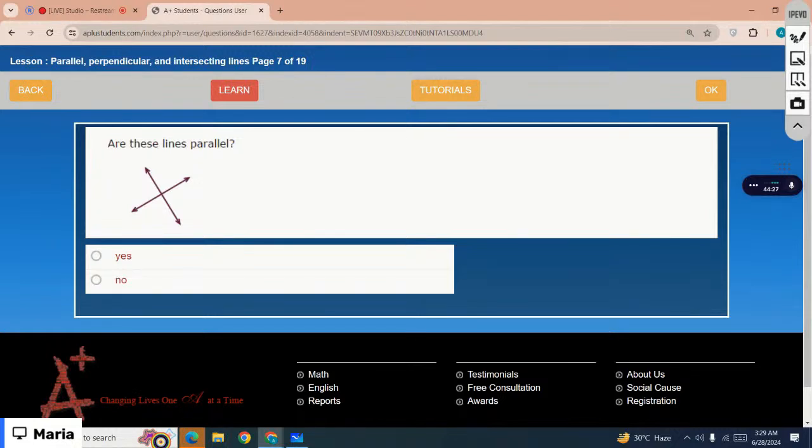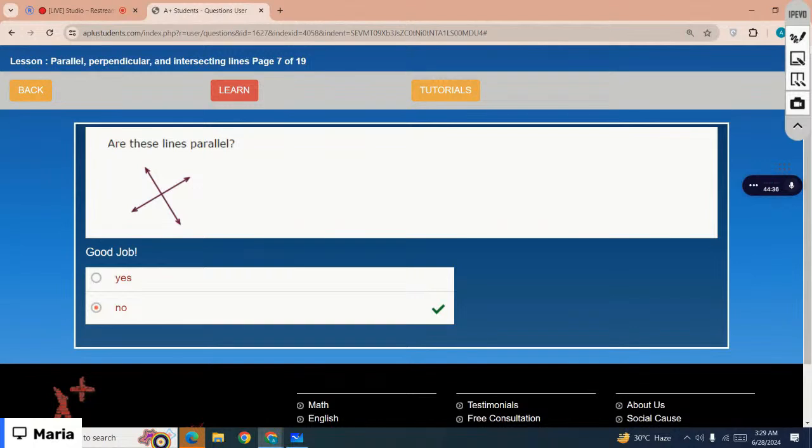Are these lines parallel? No, they are not parallel, right? They are perpendicular lines. They make exactly 90-degree angles, so they are not parallel.